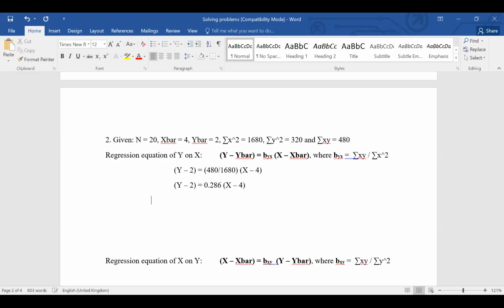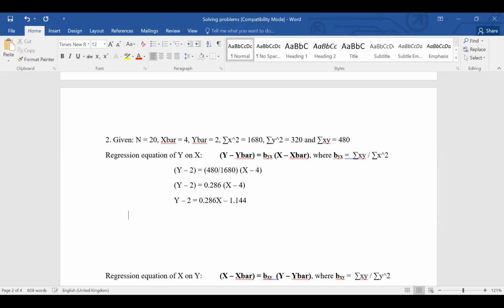Now you know how to solve this, right? So y minus 2 equal to 0.286 x minus, what is 0.286 into 4? 1.144. Okay, good. Thank you.